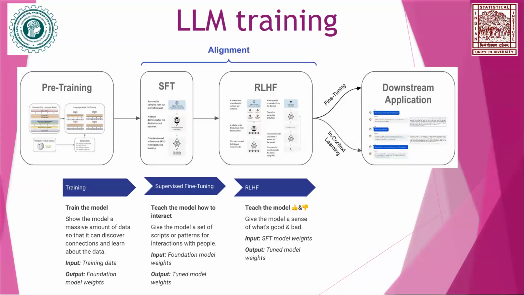It's the supervised fine-tuning that makes it actually usable to the public at large. Maybe for researchers, the foundation models are important, since they need to understand the various intricacies of the model. But to make it useful to the public at large, you need supervised fine-tuning. So in supervised fine-tuning, you give the model examples of both the input and the output. Remember, in pre-training, there is no output, there is just plain text.